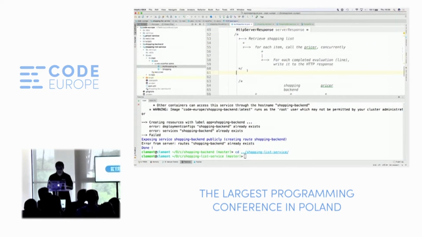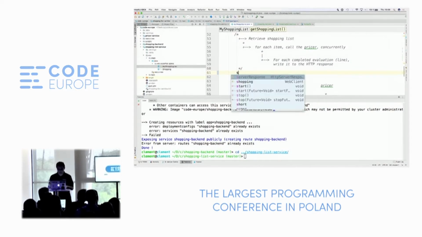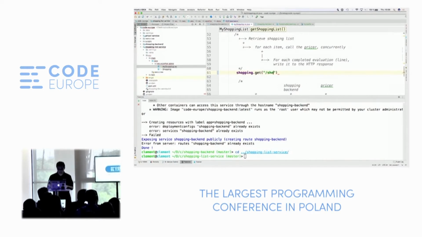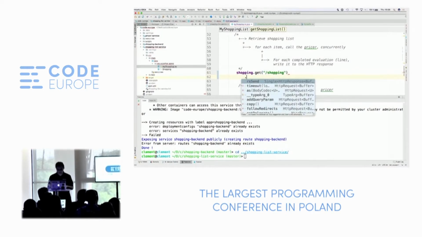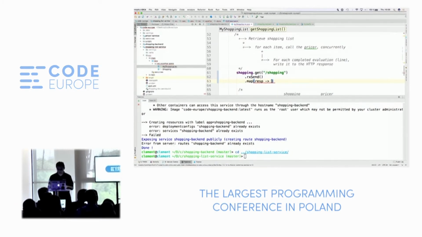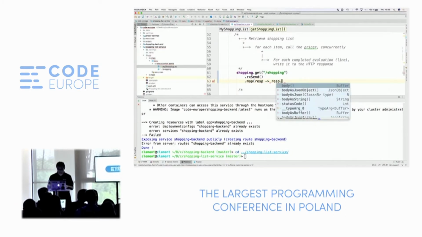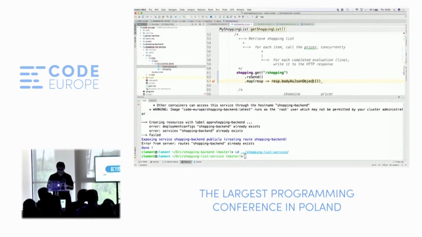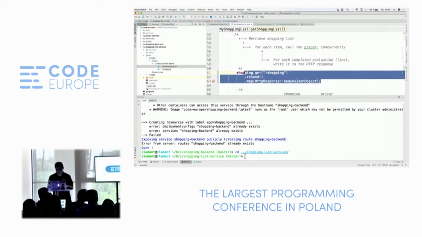To do that, I will just do get /shopping dot rxSend. Yeah, it's going to be a JSON object, body as JSON object, and yeah, that's all. That's fine. Here is my Single that gets my JSON object.